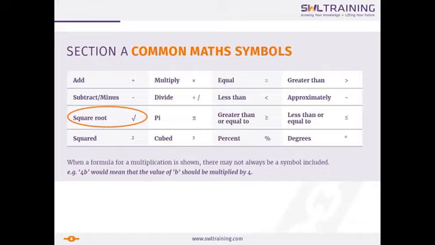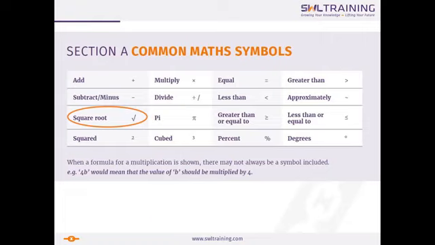Another symbol that occasionally causes some confusion is square root. Square root is essentially the opposite of squared. If you take a number and square root it, you are finding the number that you would multiply by itself to get your original number.